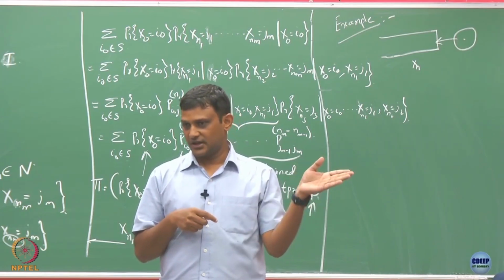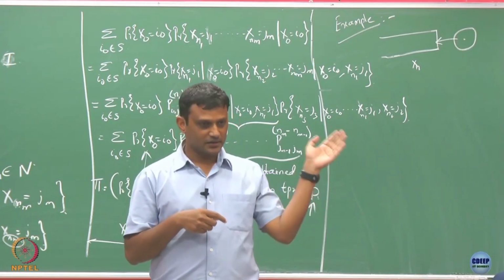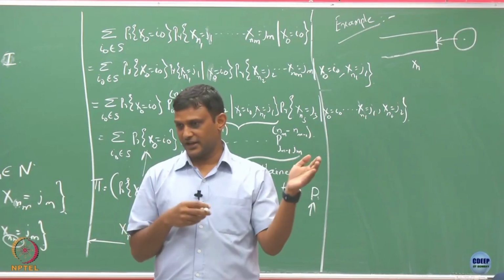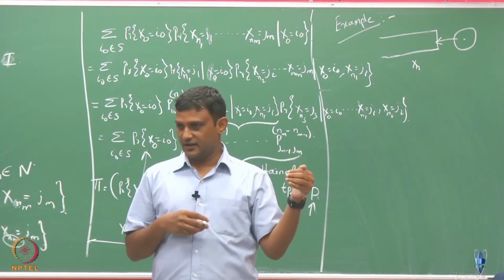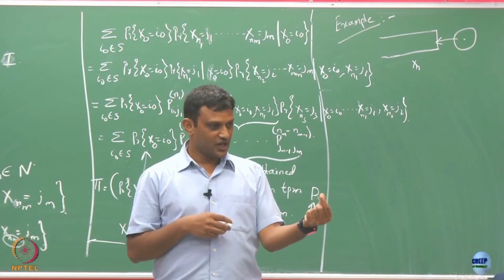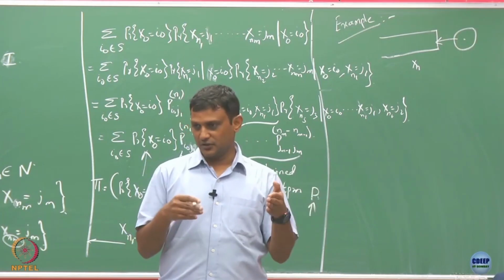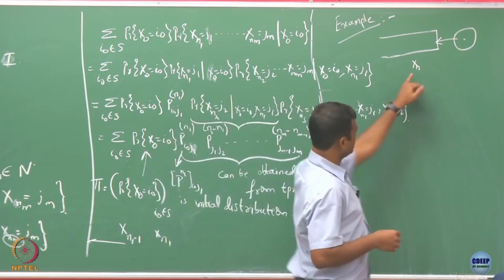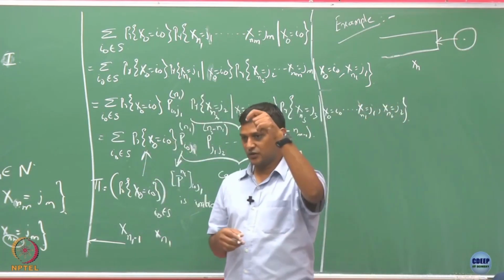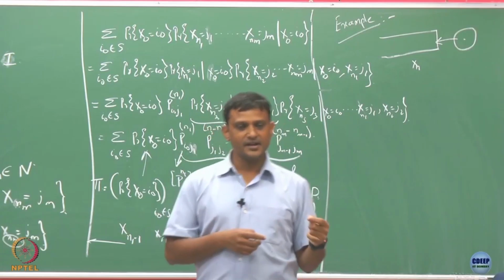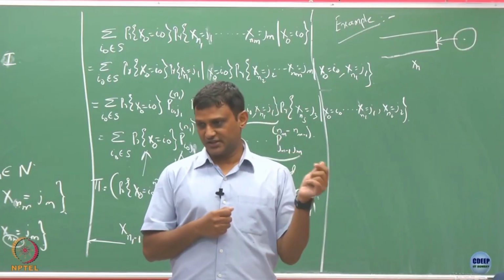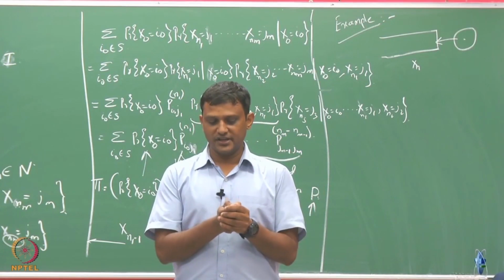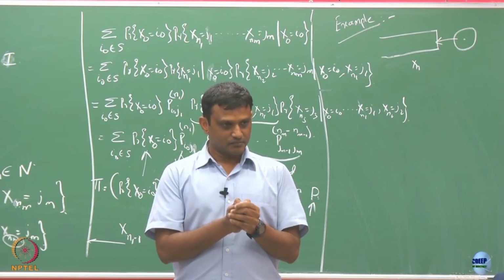It depends on the scenario. If people are coming very frequently, you may want to take a smaller time scale. If people are coming slowly, you may want to take a larger time scale. So let us say n is in seconds: second 1, second 2, like that. Every second a guy will join the system with some probability, and you want to see how many people are there in the system.